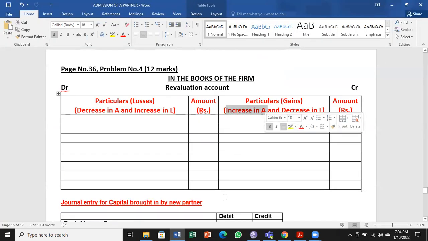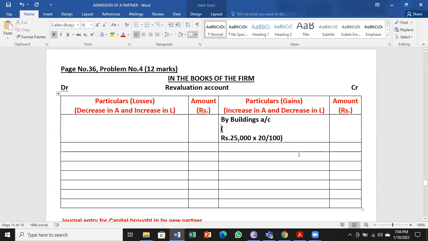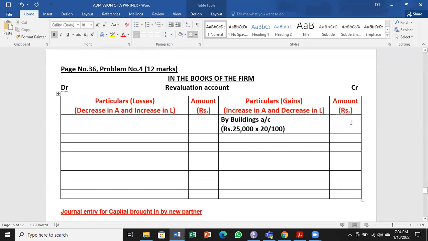Increase in asset, so it is a gain for the business. Old partners. So it has to be buildings account, rupees 25,000 into 20%, 5,000. Yeah, good. 5,000.